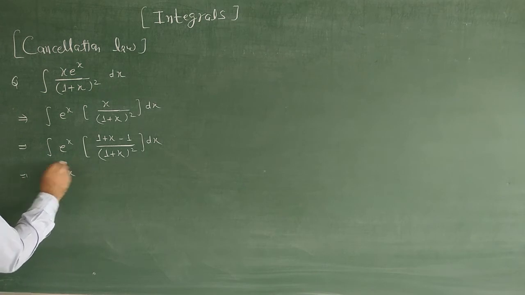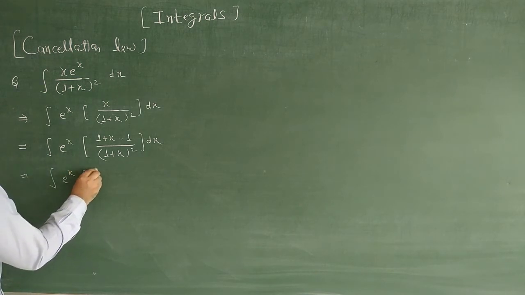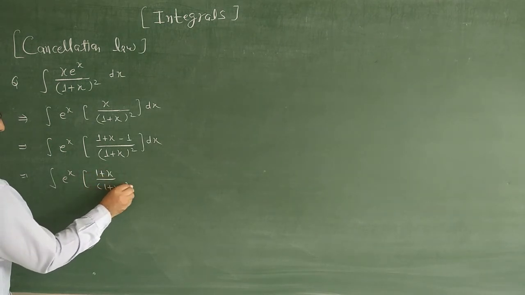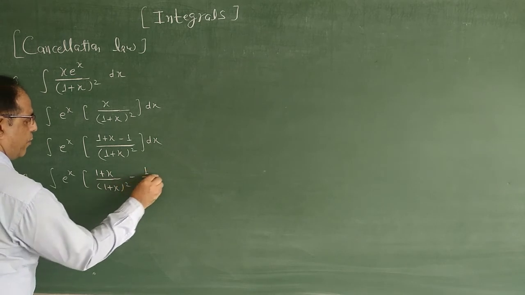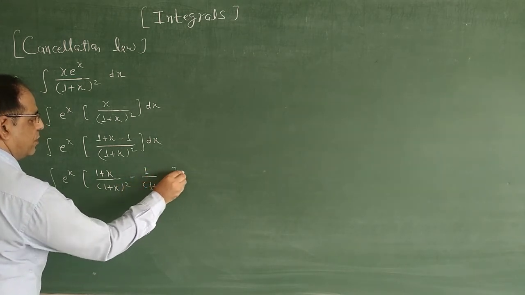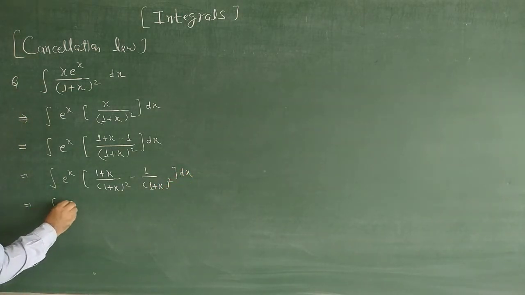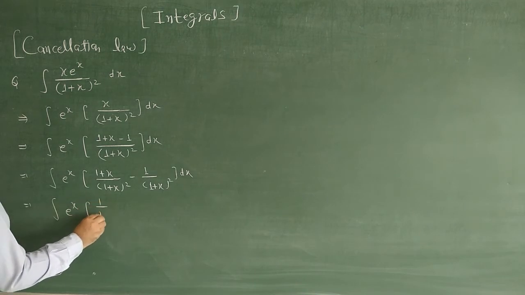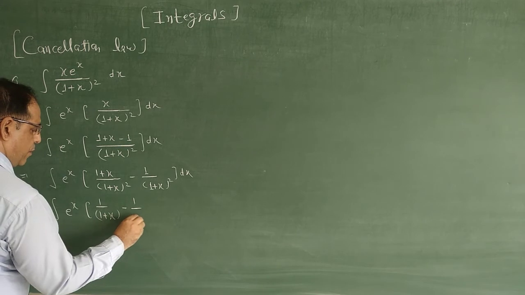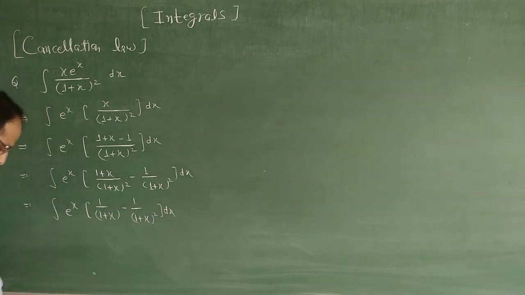e to the power x times 1 plus x upon 1 plus x whole square minus 1 upon 1 plus x whole square dx. So this becomes e to the power x times 1 upon 1 plus x minus 1 upon 1 plus x whole square dx.